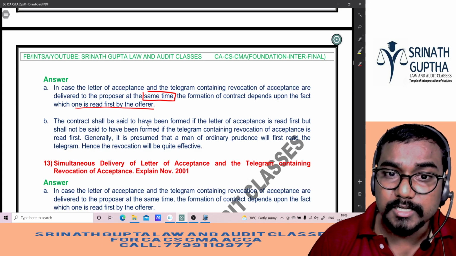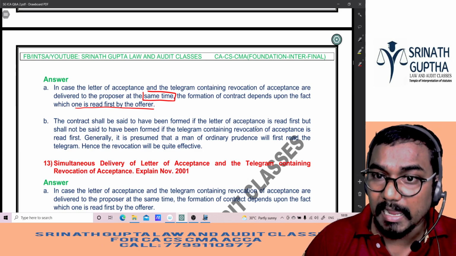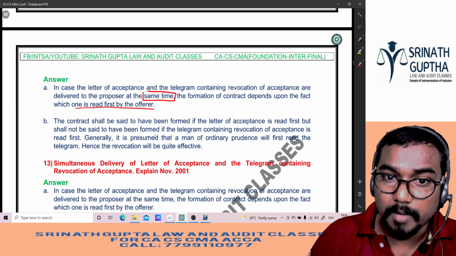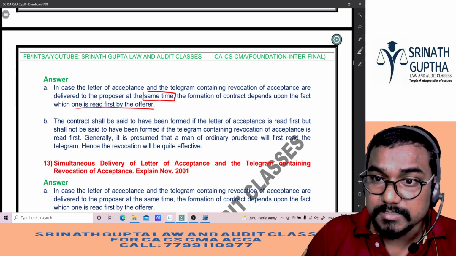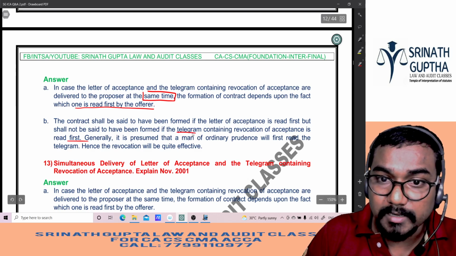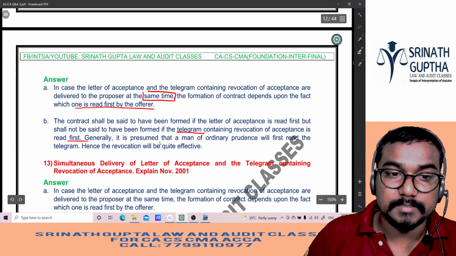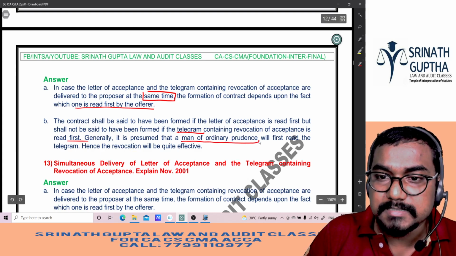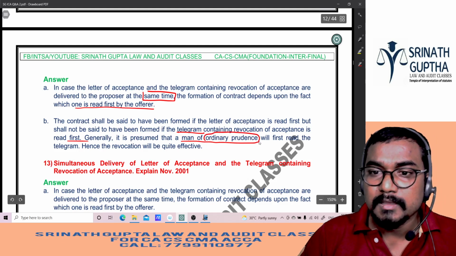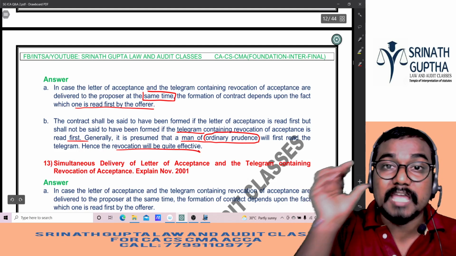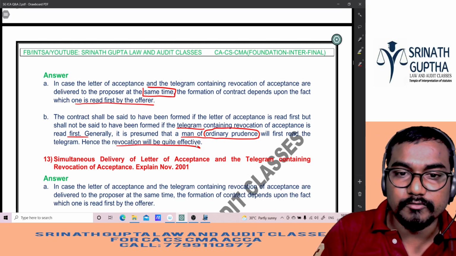The contract shall be said to have been formed if the letter of acceptance is read first, but shall not be said to have been formed if the telegram containing revocation is read first. If the telegram is read first, there is no valid contract. Generally, it is presumed that a man of ordinary common sense will first read the telegram. Hence, revocation is quite effective. What is effective, beta? Revocation.